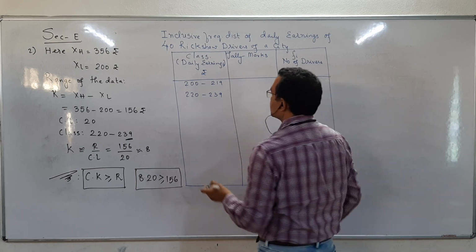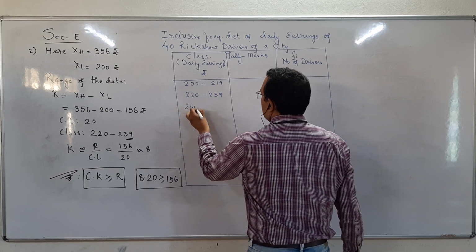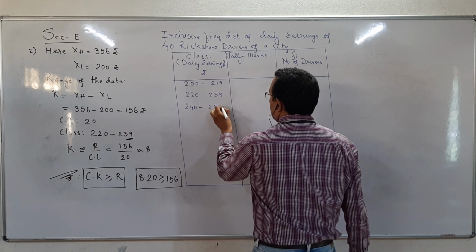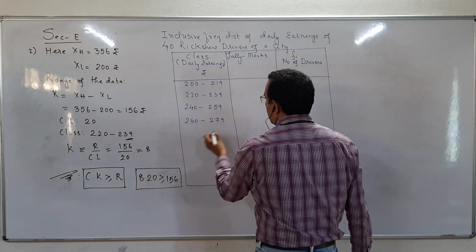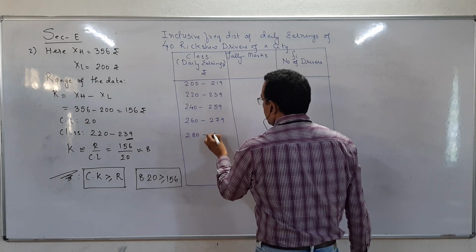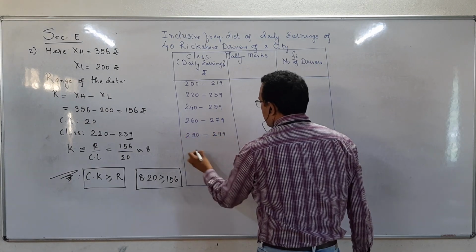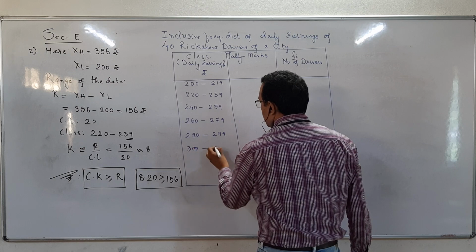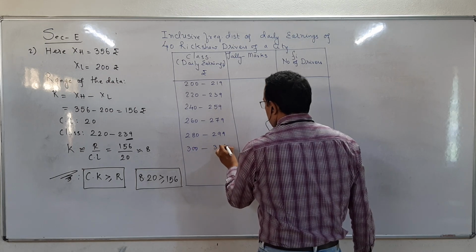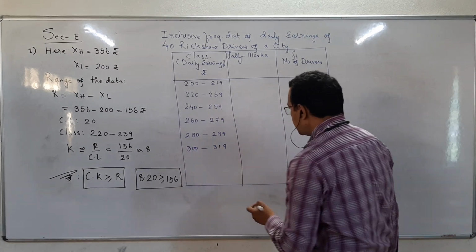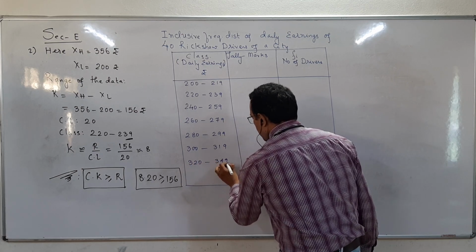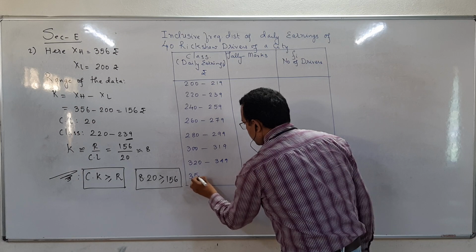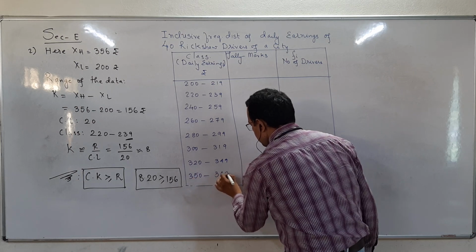This is one of the classes. 240 to 259, 260 to 279, 280 to 299, 300 to 319, 320 to 339, and 340 to 359.